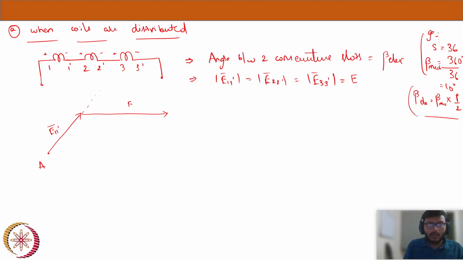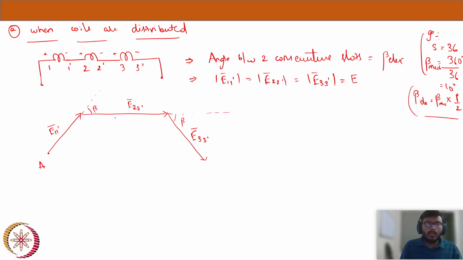This will be E22 dash, and with beta displacement E33 dash. So this angle is always beta, and this angle is always beta.